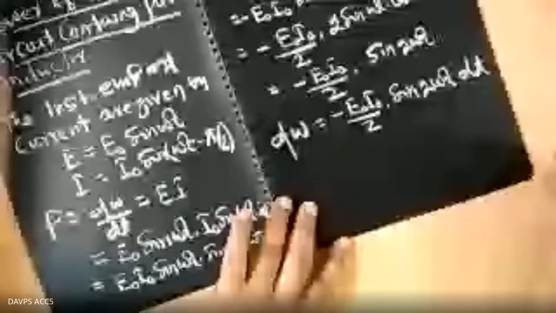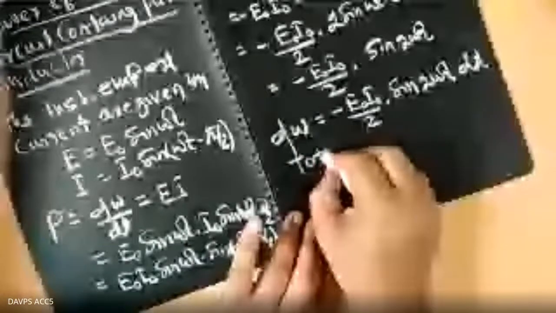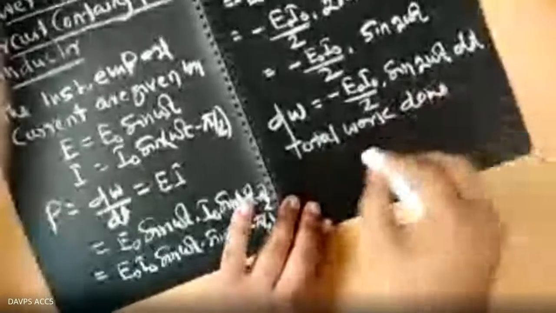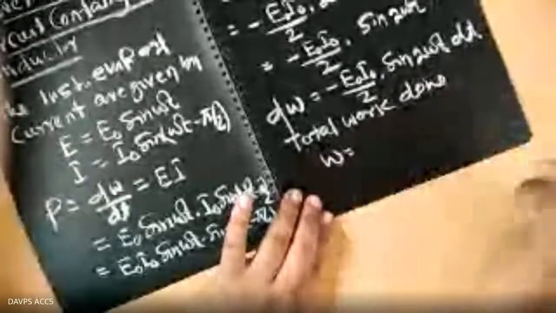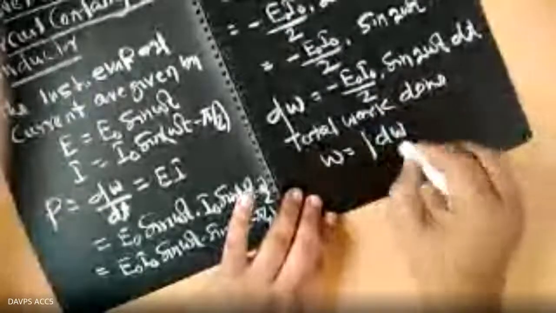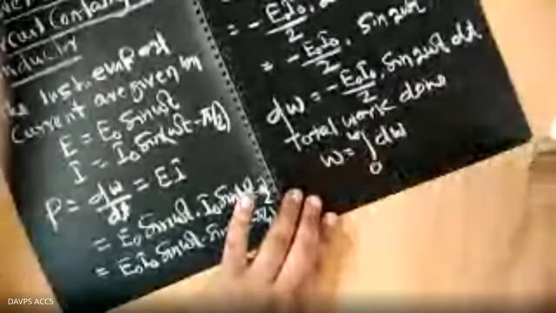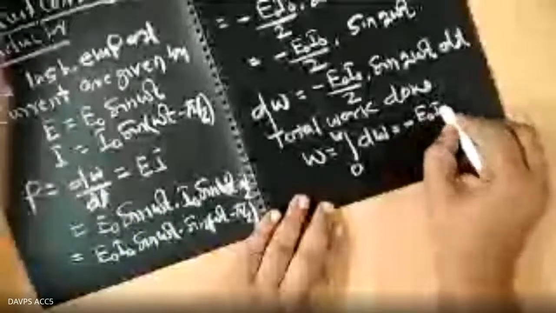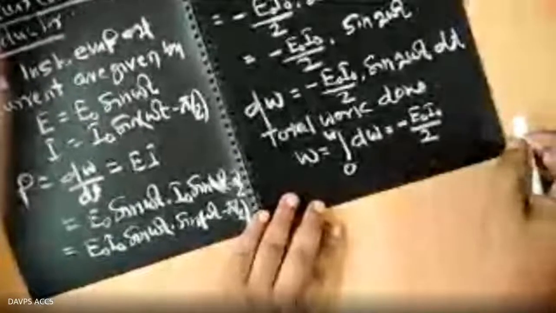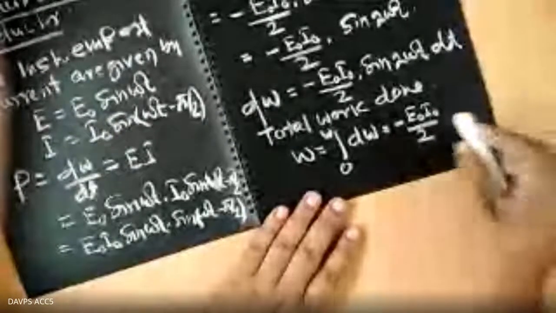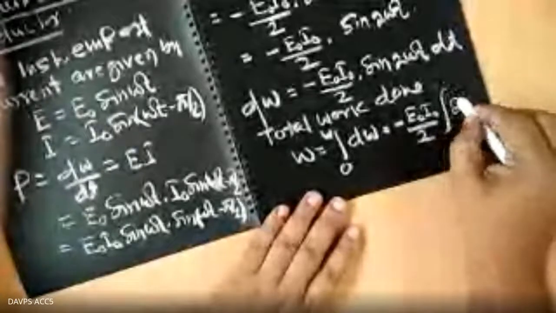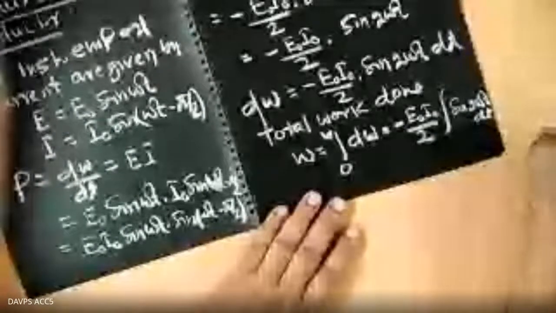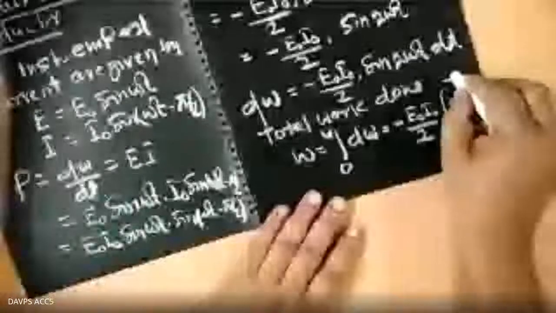The total work done W will be equal to integration of dW, 0 to W, and that is equal to minus E naught I naught by 2 taken out, and you are finding the integration of sine 2 omega t into dt, and the limit will be from 0 to capital T, because over a complete cycle you are taking.